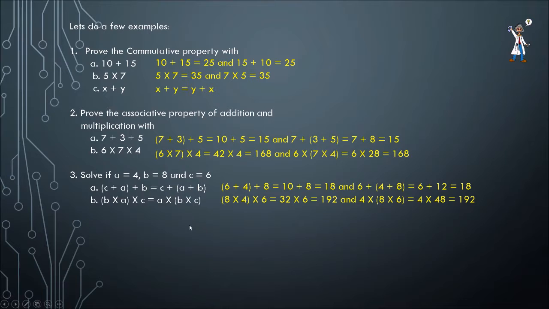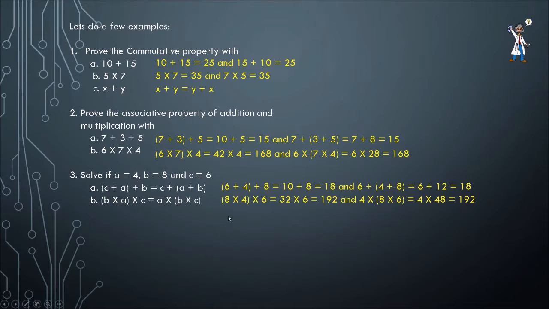Okay, bring the calculator again. B's value is 8, times A's value is 4, so 8 times 4 is 32, then times C means times 6, and that equals 192. Click, click, click. 192. Let's swap it the other way around.